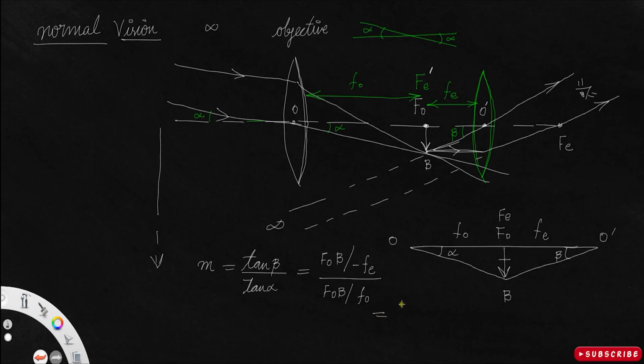So this will be FOB by minus FE, into taking the reciprocal and multiplying FO by FOB. Clearly this will get cancelled. So the expression for magnification M is equal to minus FO by FE. You can transport this minus to the numerator. So this is the magnification produced at normal vision. Clear?